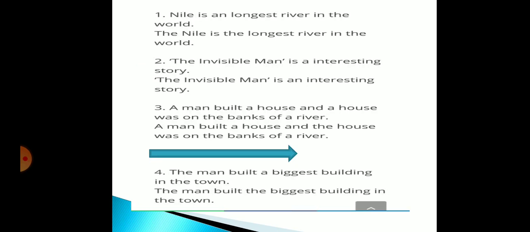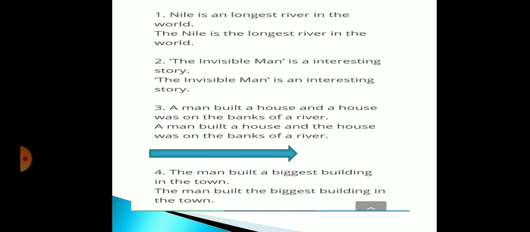There is a vowel at the beginning of this word. The correct sentence of this example is, the invisible man is an interesting story. Third one, a man built a house and a house was on the banks of a river. A man built a house and the house was on the banks of a river is the correct sentence.